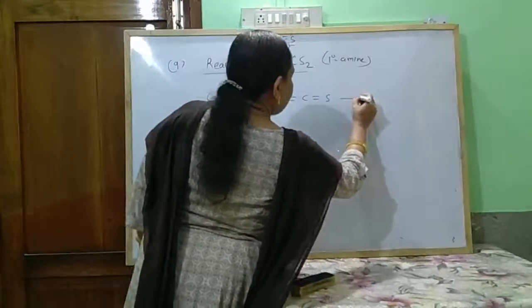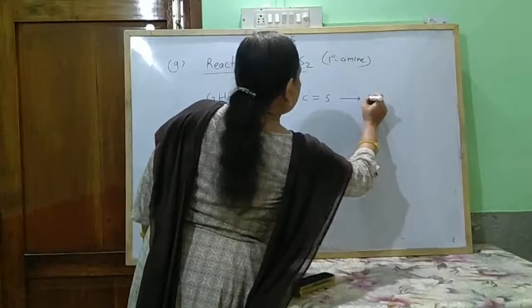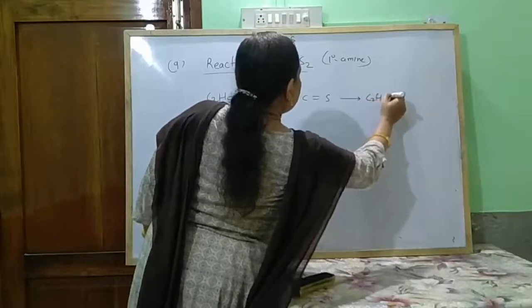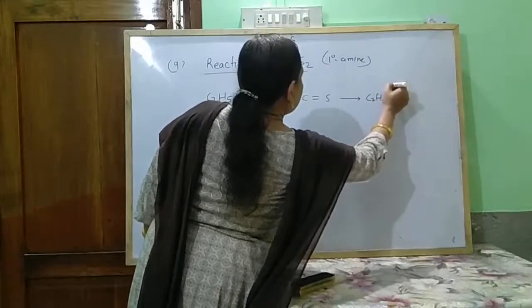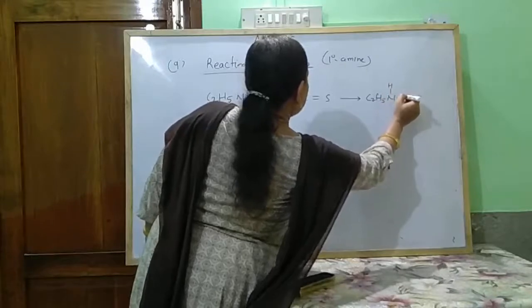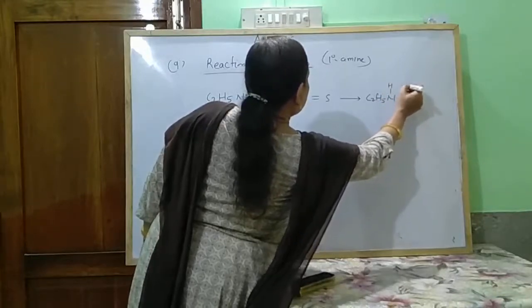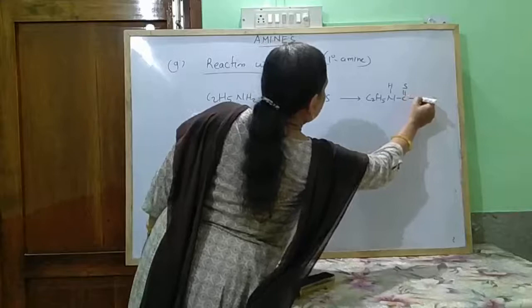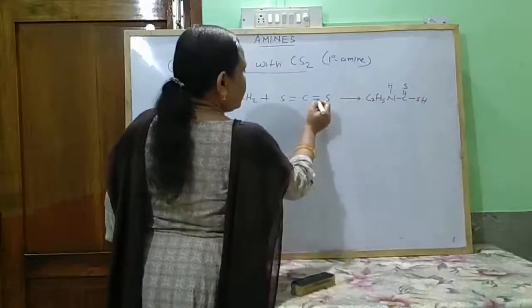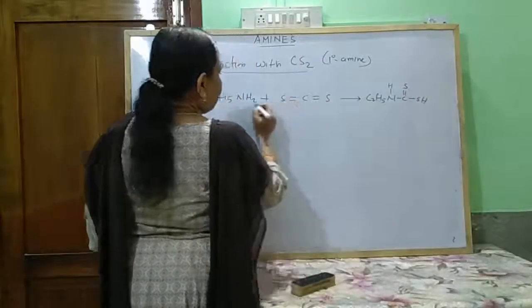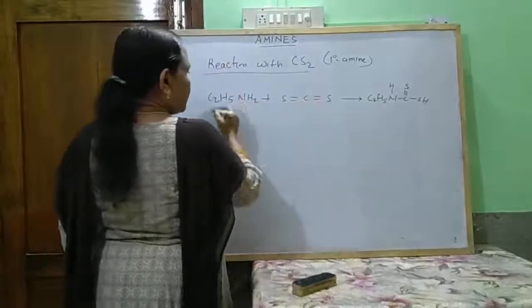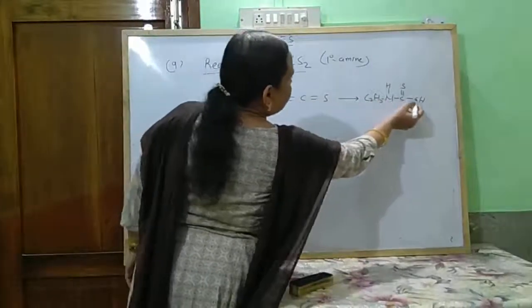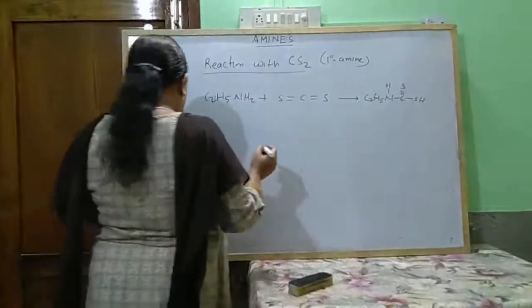In this first it gives C2H5NH, C double bond S and SH. This bond polarization takes place and hydrogen comes here. This C2H5NH group comes here.